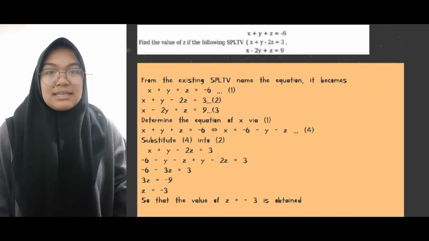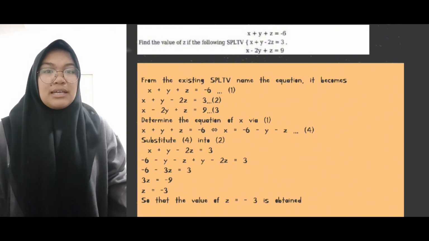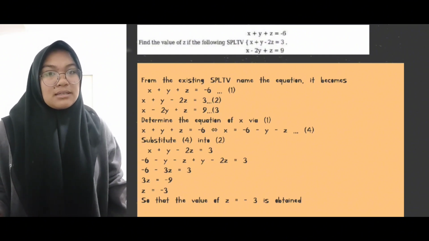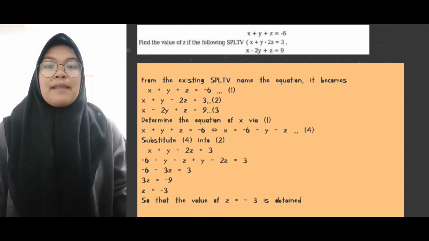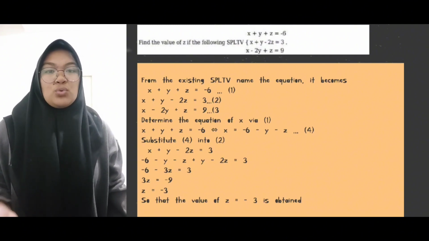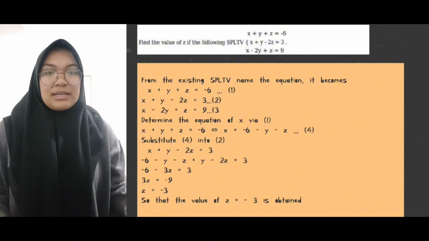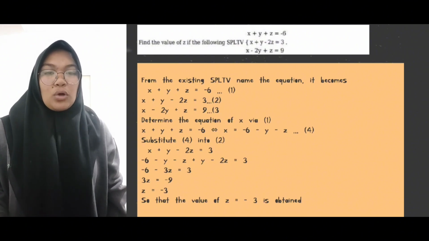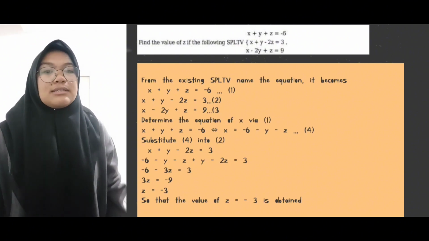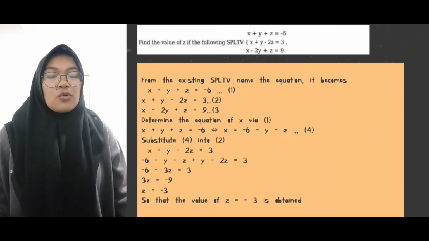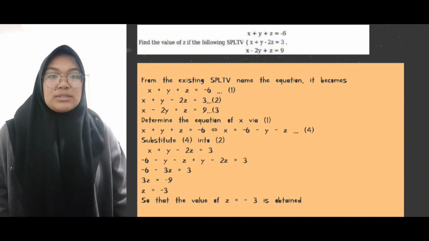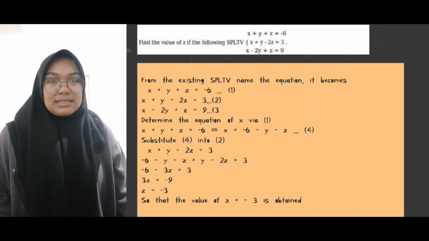From the existing system, we name the equations: x plus y plus z equals minus 6 is equation 1, x plus y minus 2z equals 3 is equation 2, and x minus 2y plus z equals 9 is equation 3. Determine x via equation 1: x plus y plus z equals minus 6, so x equals minus 6 minus y minus z is equation 4.